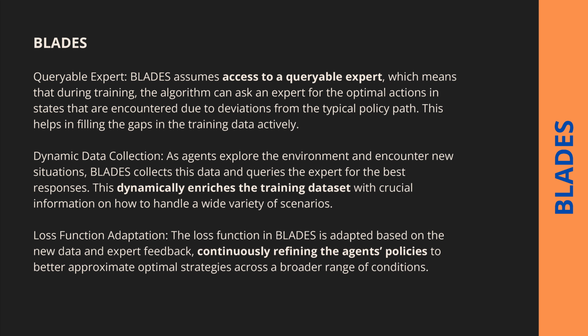Great. BLADE now relies here on direct access to a queryable expert, which means during training, the algorithm can ask an expert for the optimal action in states that are encountered due to deviation from the typical policy path. This helps in filling in the gaps in the training data actively.